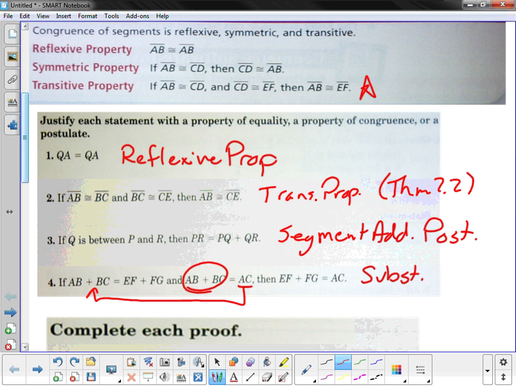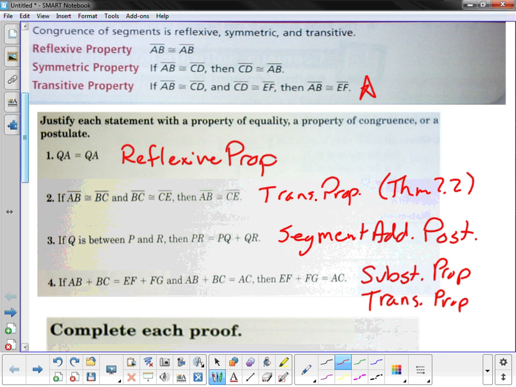I could also call it transitive, because I did go from this to the other. Either one of those in this case works because we're putting it in place of something on the side of the equal sign. So either one of those would work in this case, but it's not always going to be true that it could be either one.